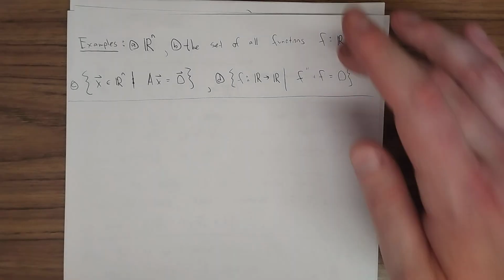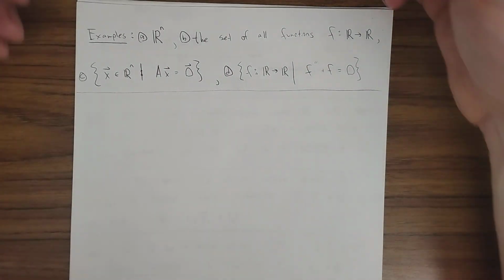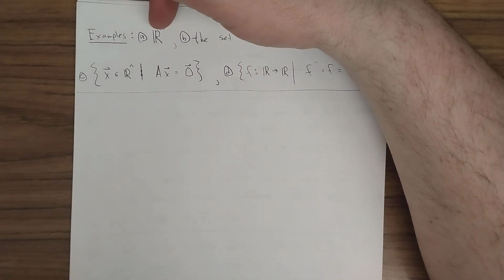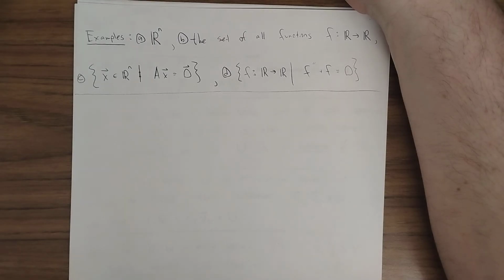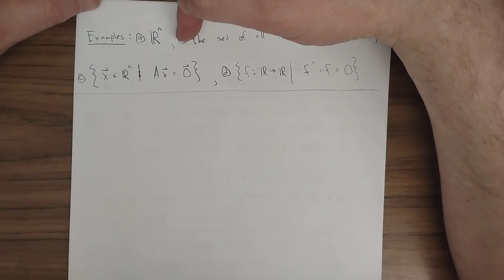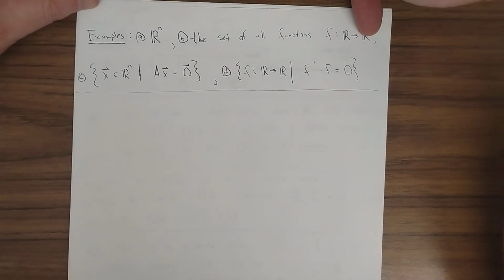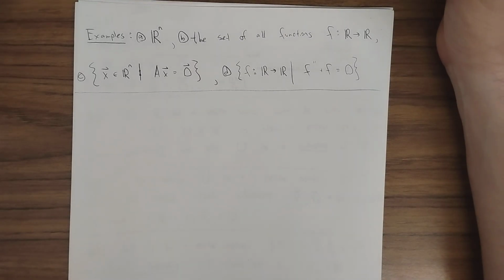So, for examples of vector spaces, example A is just what I talked about. It could be n-dimensional space. Your vectors just have n coordinates. Example B is probably less obvious, or not what one would normally think of if they're just hearing this definition.